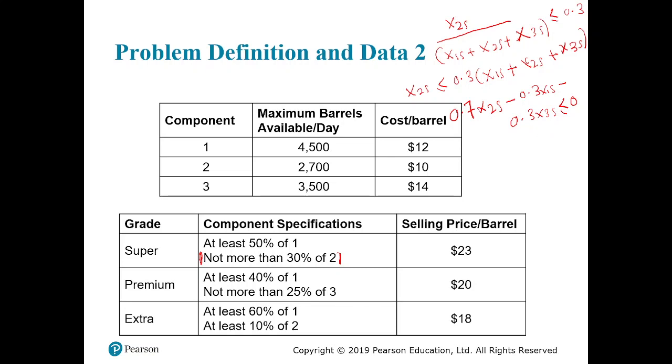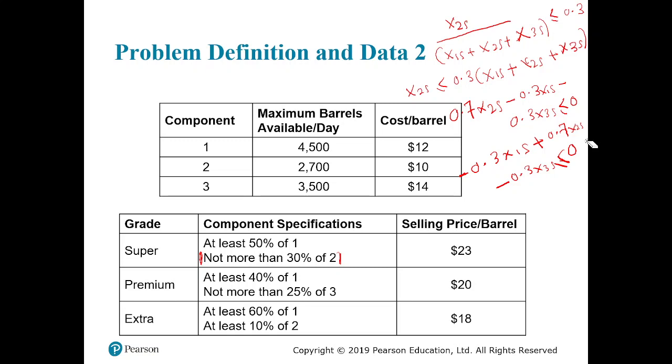But in order for us to insert this data into Excel, usually we start with 1s first. So you start with negative 0.3 x1s plus 0.7 x2s minus 0.3 x3s less than or equal to 0.